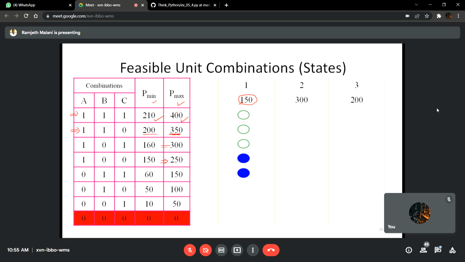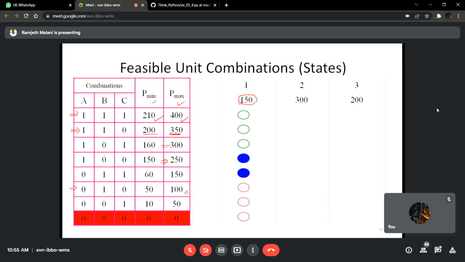What about the next combination? This combination can provide 150, sir. The minimum provided by this combination is 50, and the maximum is 100. Our demand is 150, so it is not feasible.